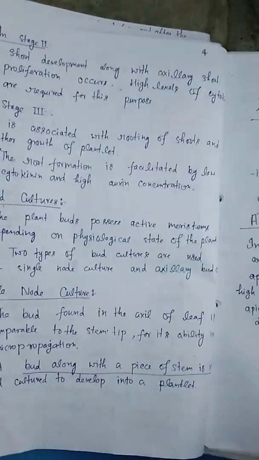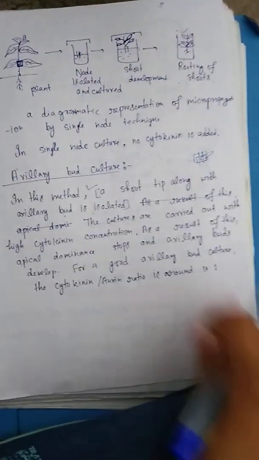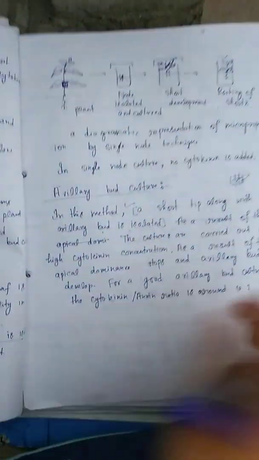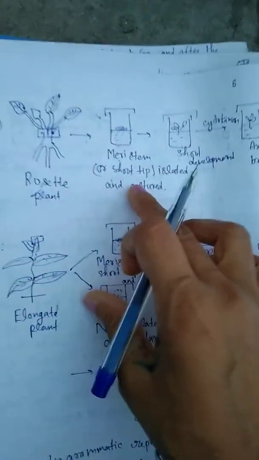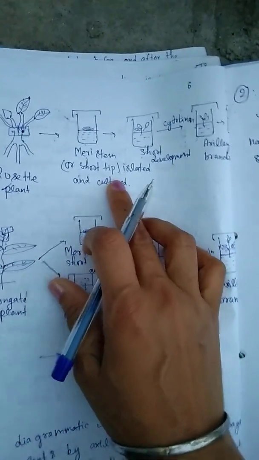And after the process, we can say axillary bud culture comes, and in the axillary bud culture, we can take shoot tip along with axillary bud. So this is the mother plant in which we'll take shoot tip along with axillary bud.